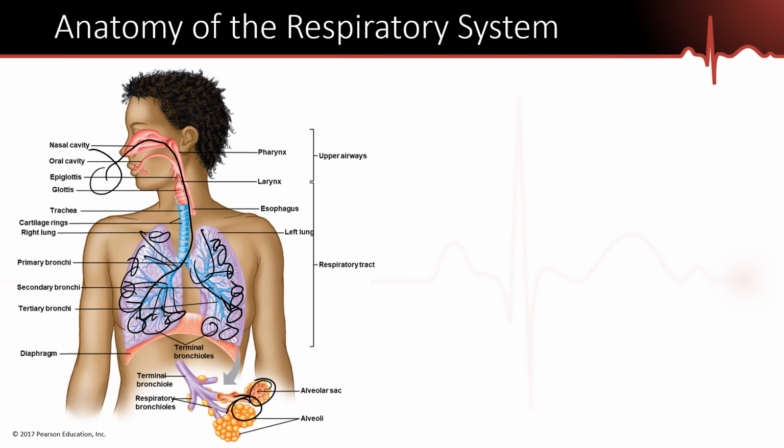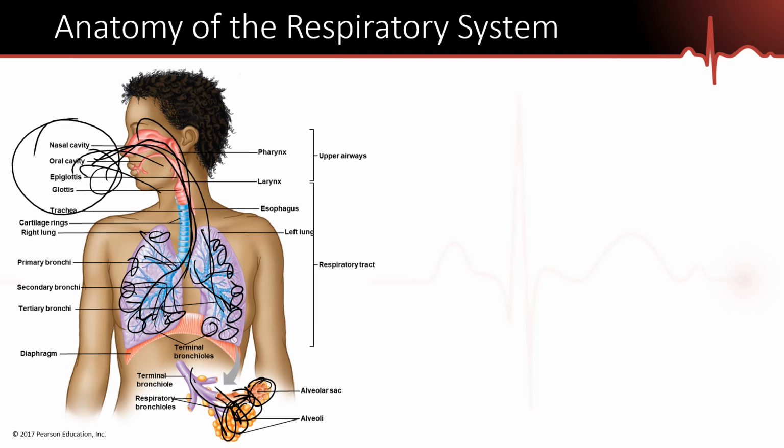Why do you want this air to end up in the alveoli? Because you want gas exchange to happen. Okay? You want oxygen to move from the air into the blood within the pulmonary capillaries that surrounds the alveoli. And you want carbon dioxide to move from the blood in the pulmonary capillaries into the alveoli. And then what happens after that gas exchange process occurs? You blow the air back out, okay, to get the carbon dioxide out.